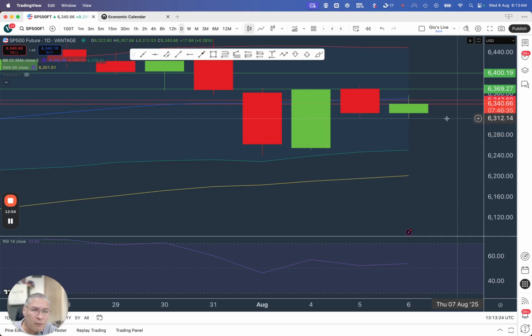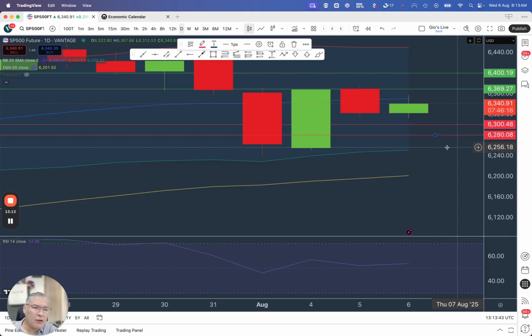In this case, 6,300 is a psychological value. I use a lot of psychological values because they always work. Traders come towards them, and not just us, there are other traders using them too.